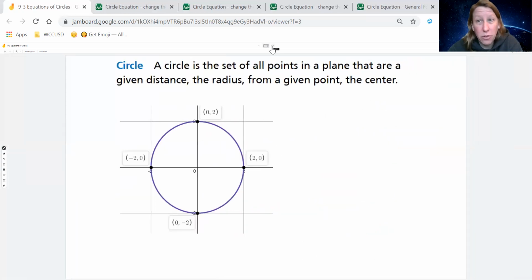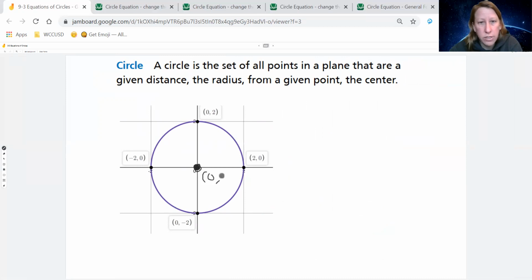All right, now the cool part is we can actually write the equation of a circle. So I can type a formula into Desmos, and then it will give me the equation of the circle. This circle, do we know it's, well, what's the most important point? The center, right? What are the coordinates, since this is coordinate geometry? What are the coordinates of the center?